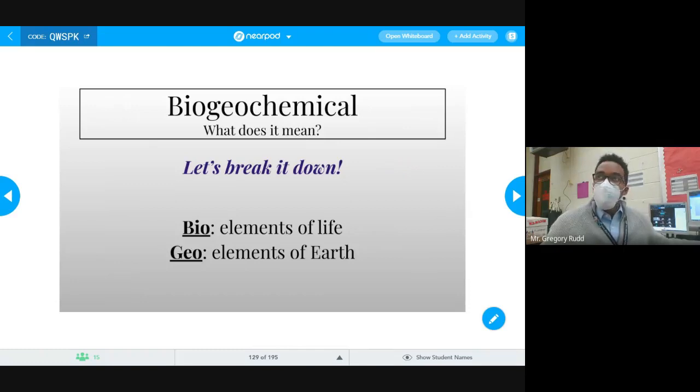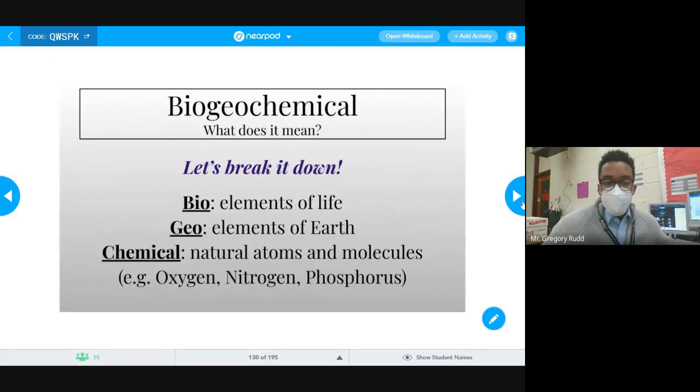Geo could also refer to the atmosphere, which is, of course, the gases that make up the space above the land. It could also refer to the hydrosphere, which is the water that is present on the Earth. And then lastly, chemical. Of course, this refers to the periodic table of elements that's behind you all. Again, I've had you look at it a couple times.